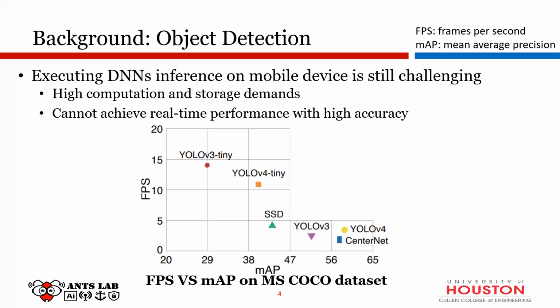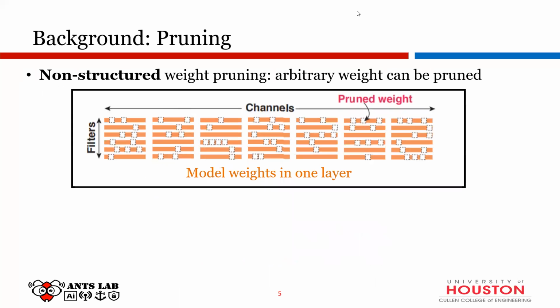One of the ways to reduce the large DNN model size is to use pruning. Specifically, this paper targets weight pruning. Pruning can be divided into two kinds of methods. One is called non-structured weight pruning.